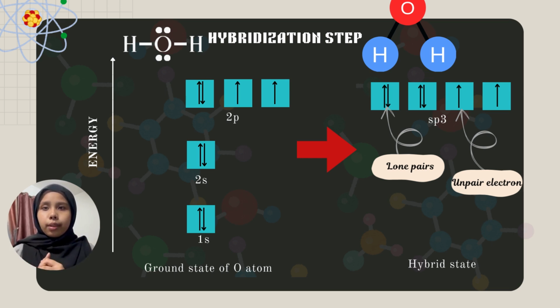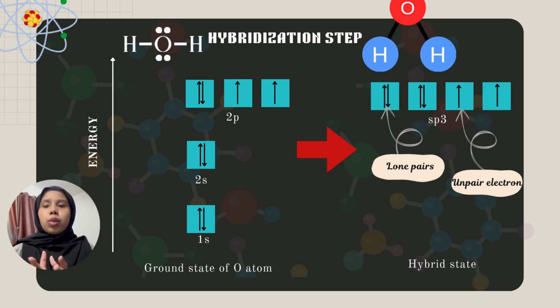In this diagram, the 1s orbital is fully filled with electrons, the 2s orbital has 2 electrons, and the 2p orbitals contain 4 electrons, which is 1 lone pair and 2 unpaired electrons.